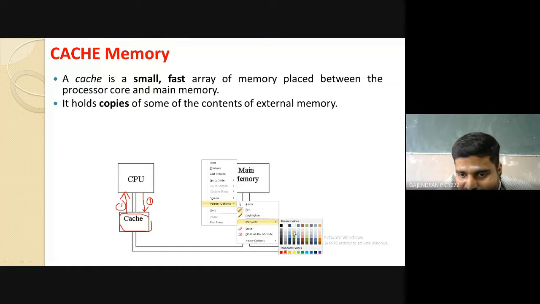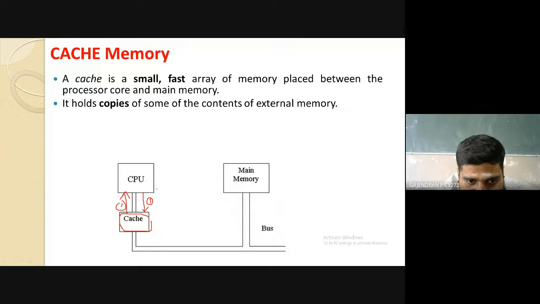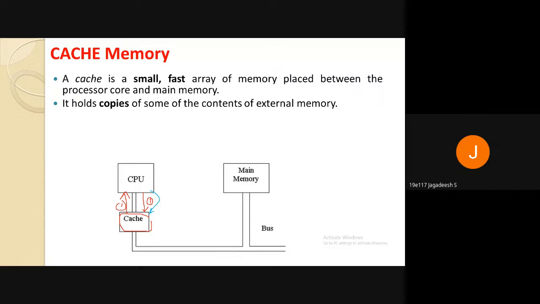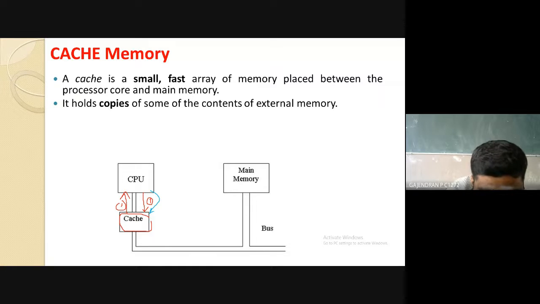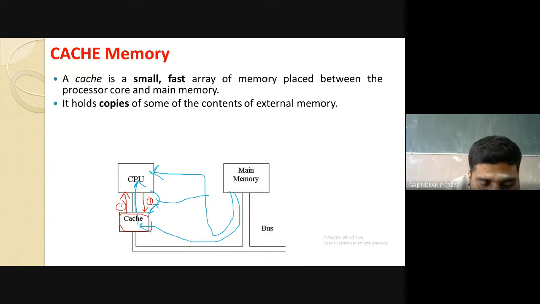Second case: I am asking something, but it is not here. What will you do? Straight from main memory. Very good. It is not available here, so you go back and get it from the main memory. Then, will you give it straight away, or will you store it here first and then move it here?